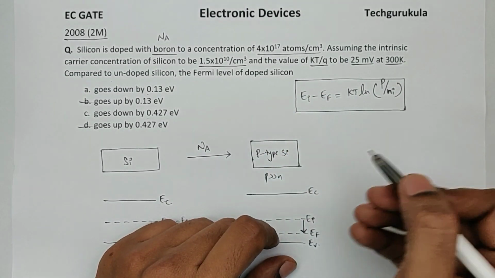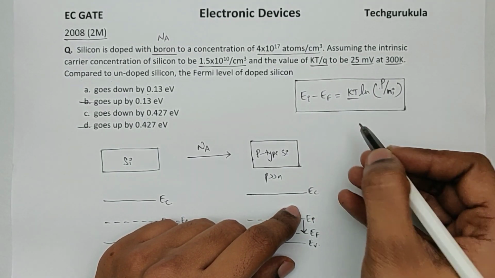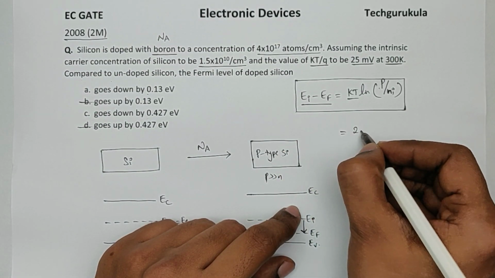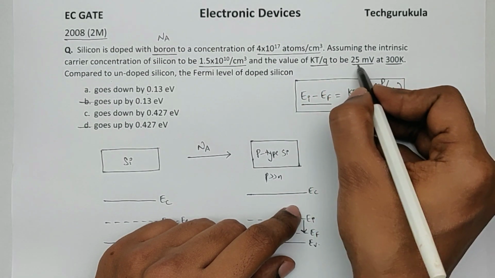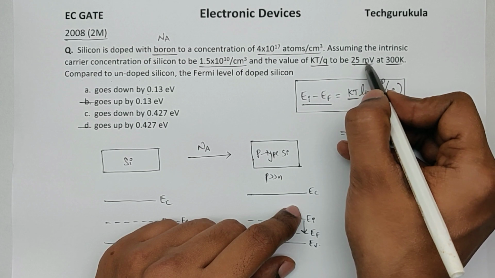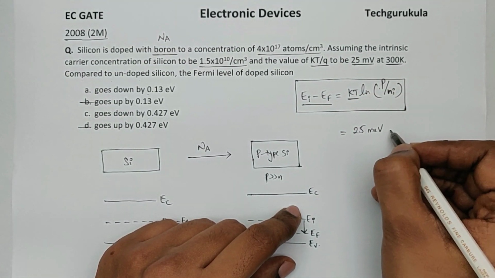Now we have all these values: kT, p and ni. All we have to do is find this difference. Now kT is in electron volts. If kT by q is 25 millivolts, kT would be 25 milli electron volts. So I'm going to write this here, 25 milli electron volts.